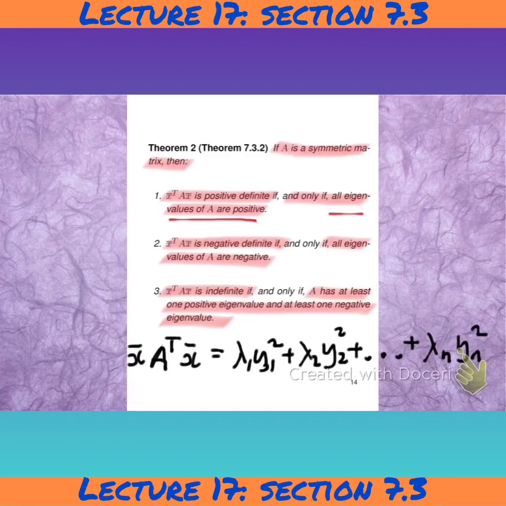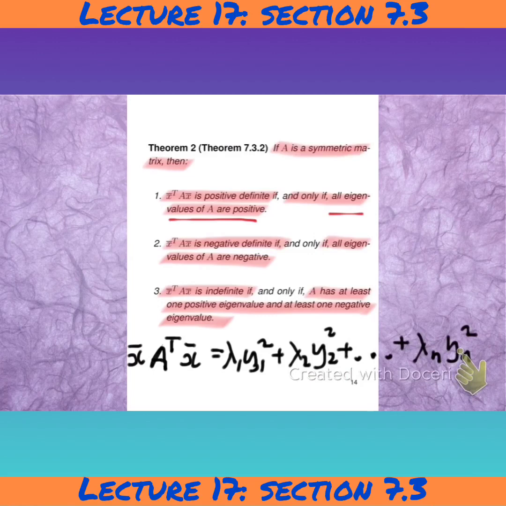Okay, and basically look at this. These are all bigger than or equal to 0, and these are all positive numbers, right? By assumption. So this whole thing here is going to be bigger than or equal to 0. So we just need to show that it's strictly bigger than 0.